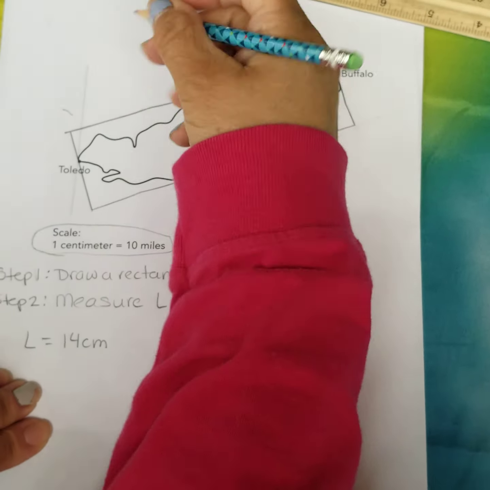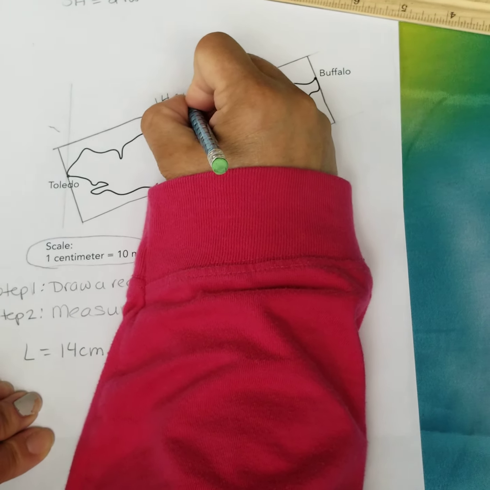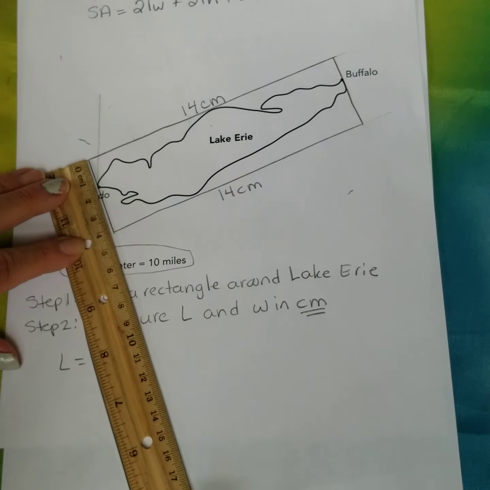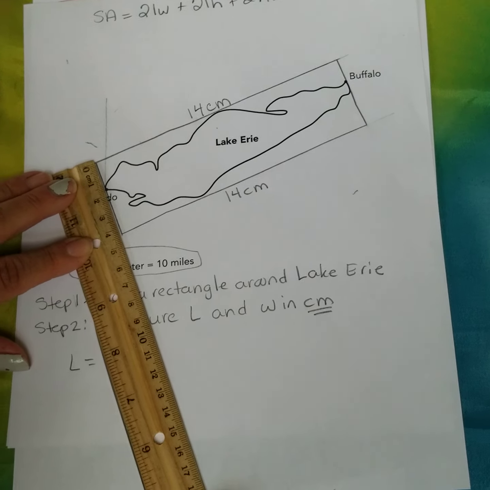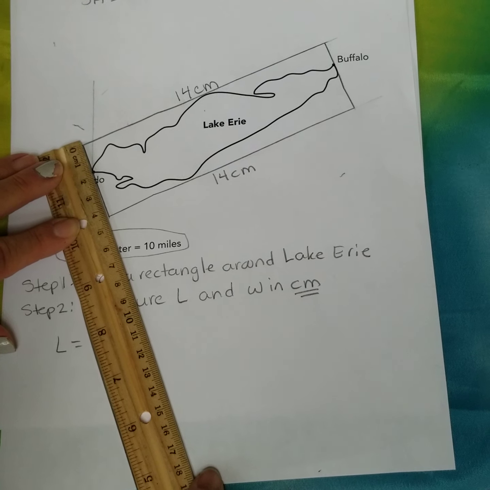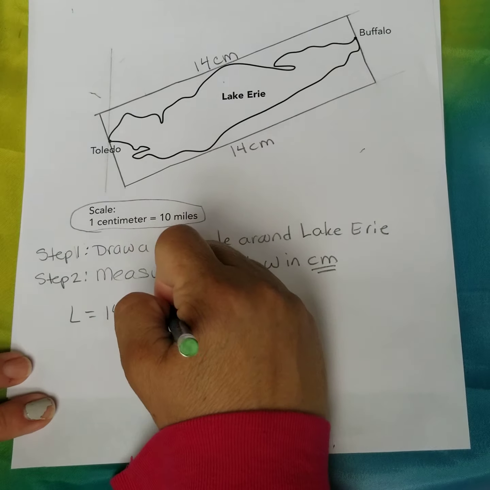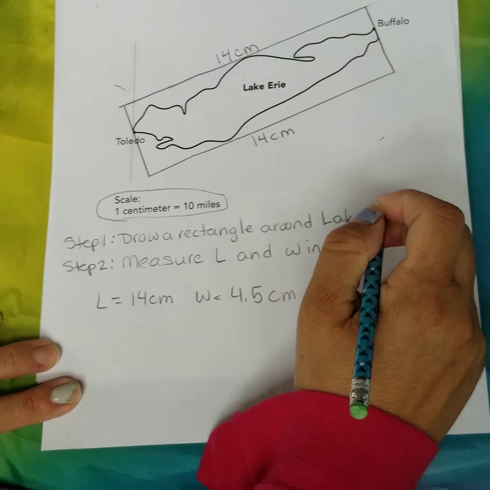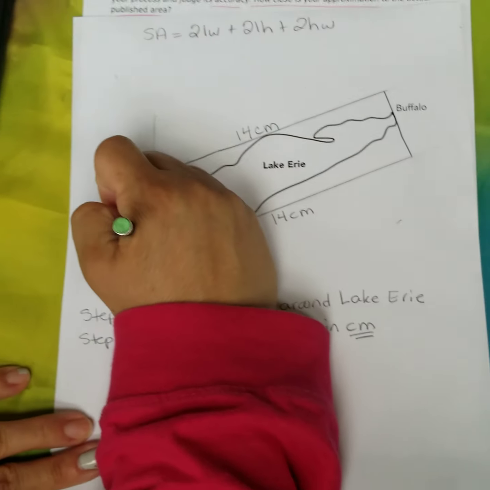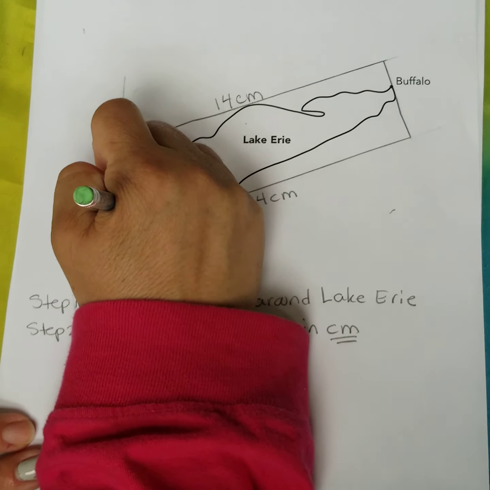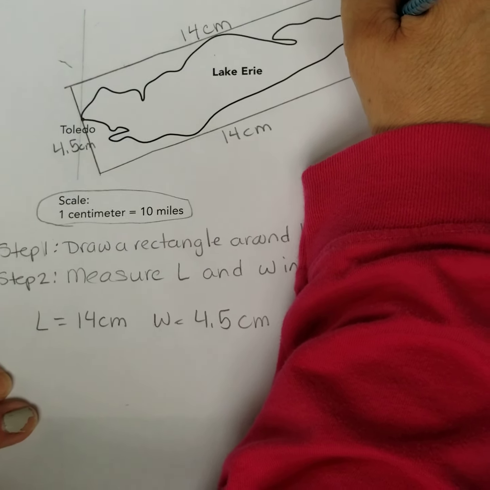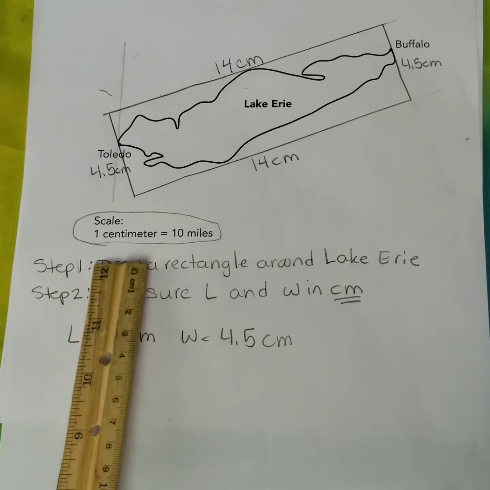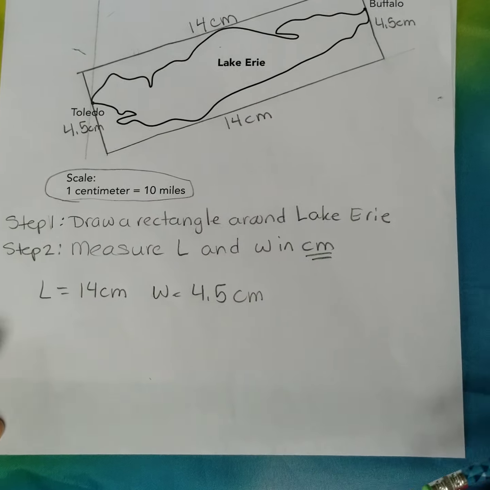This is 14, this is 14. This would be 4.5. So this is 4.5 centimeters. This is 4.5 centimeters. Okay? Now, we know 1 centimeter equals 10 miles.